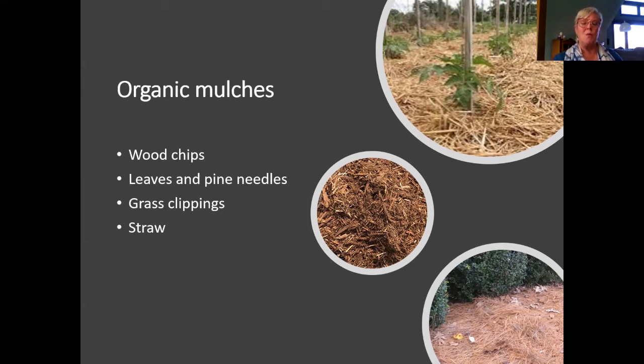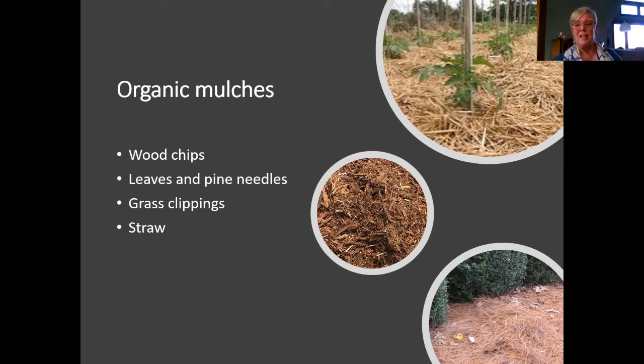And then you also want to maintain some patches of bare dirt for native pollinators, because native pollinators need bare soil for their underground burrows. And 70% of our native pollinators are underground nesting bees.